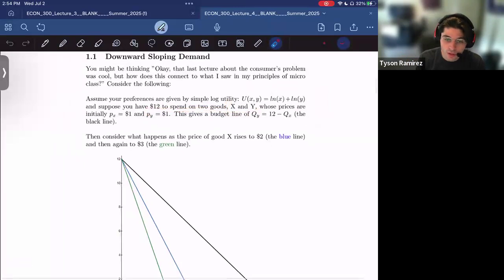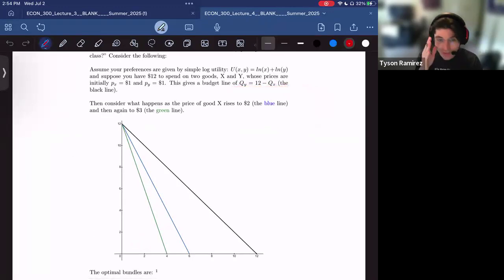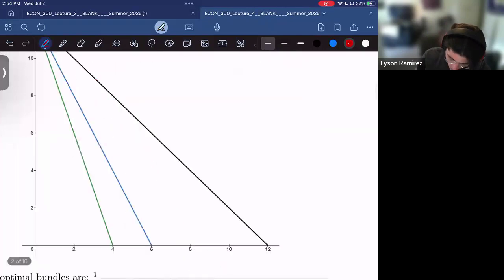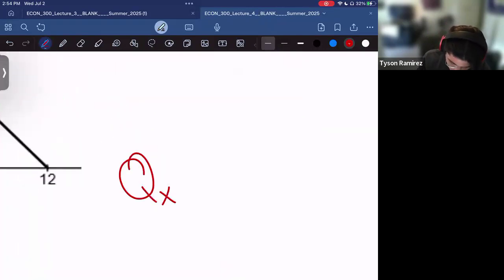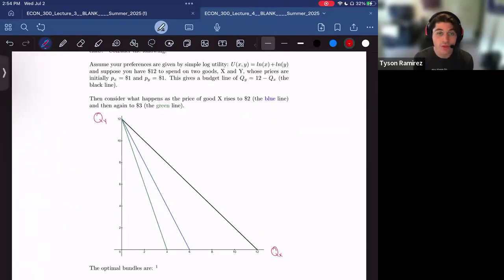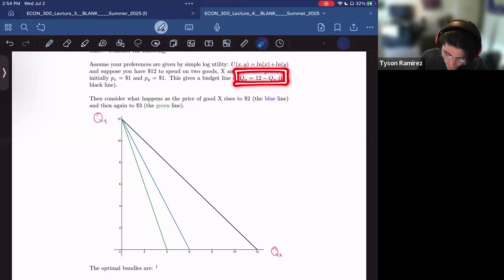So this gives a budget line. Remember, when we look at these graphs, we have the quantity of good Y and the quantity of good X. If we have $12 to spend and both goods, X and Y, cost $1 each, then the equation for the budget line is Q of Y equals 12 minus Q of X. So what happens if Q of X equals 0?